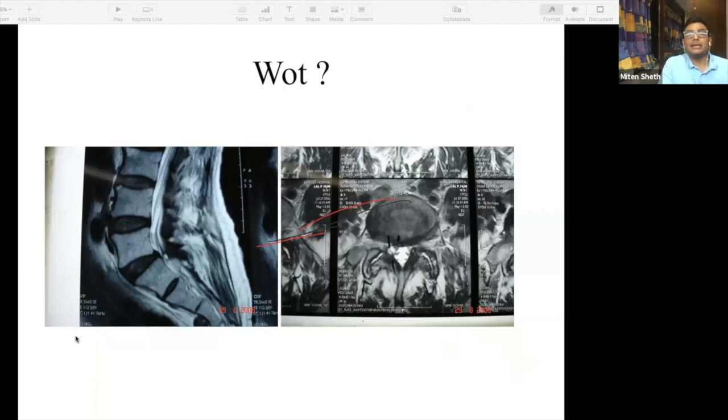Sometimes you don't see a very arthritic facet, but you see that it is a little arthritic, and on one side there is some bright white spot. So this is what a facet cyst is going to look like. It is going to be near the facet, and it's going to be a bright white spot.